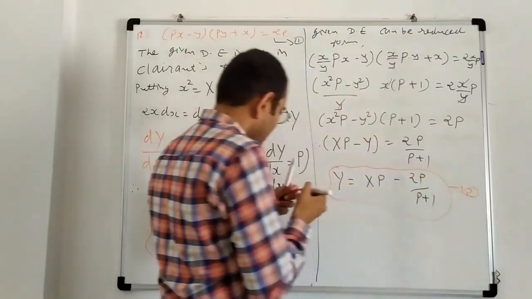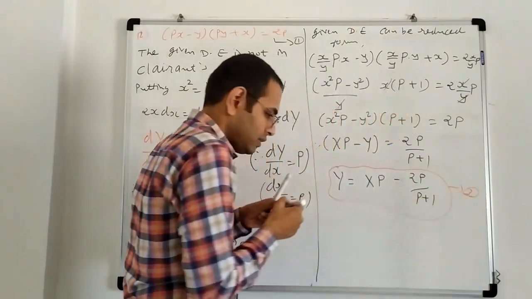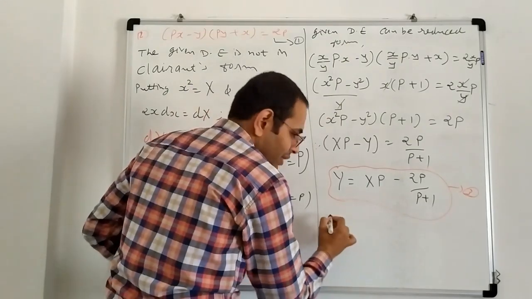That is our equation number 3, which is in Clairaut form.